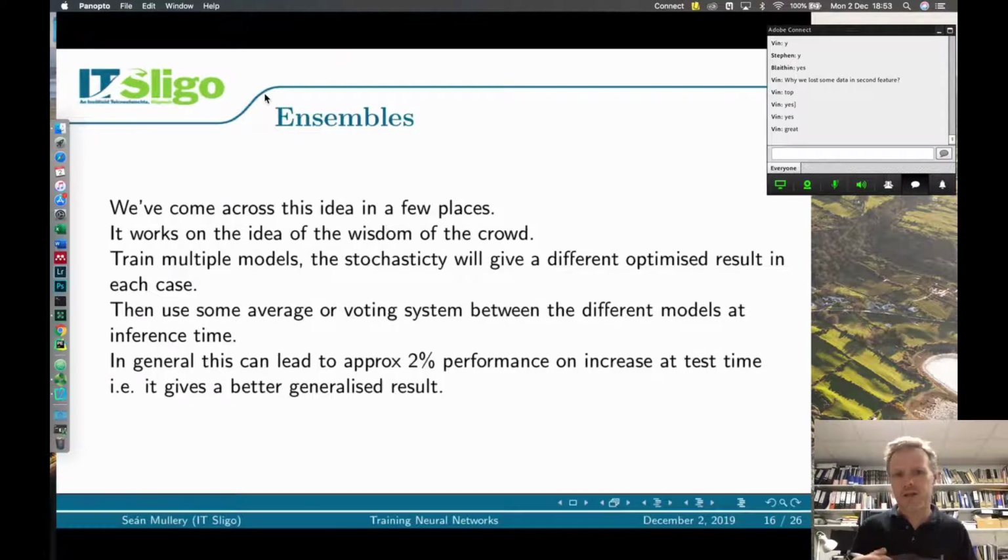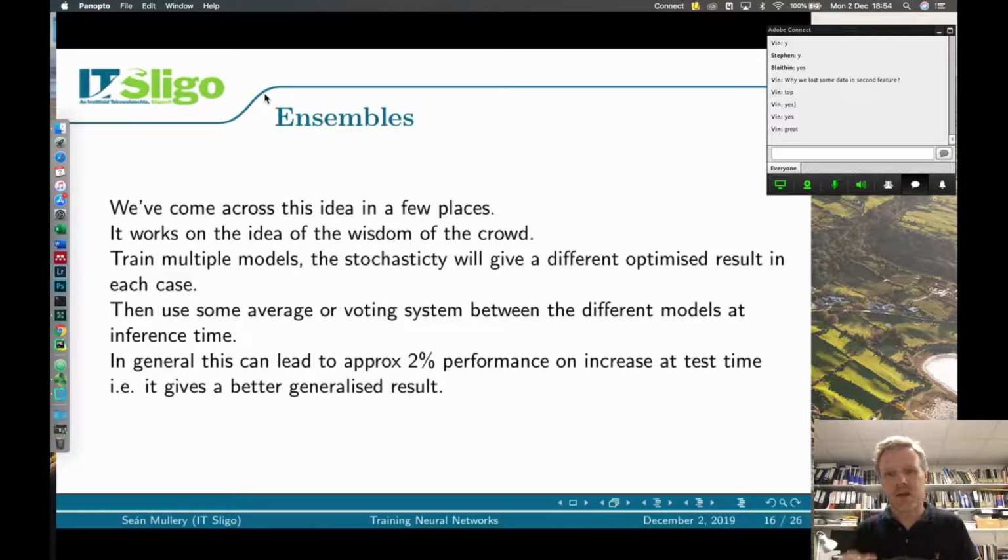So the idea here is that we could train multiple models. The stochasticity, in other words, the randomness, will give us a different optimized result in each case. Obviously, we don't want to end up with the exact same model trained each time, but because we're putting batches through in a random order, the chances are we'll get a slightly different model on each occasion. When we use some average or voting system between the different models at inference time, you might have 6 or 7 of these models.